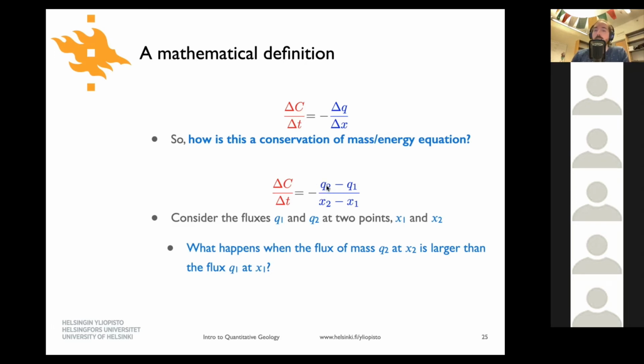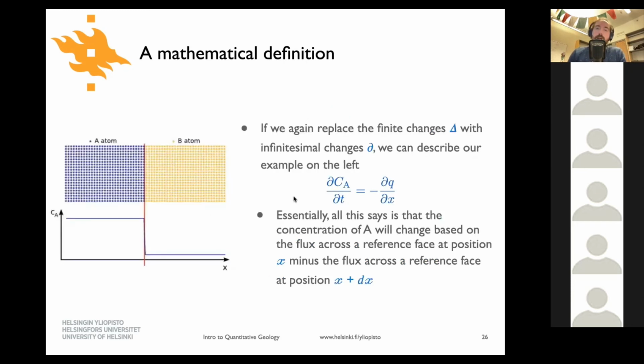Same thing is true if Q2 is smaller than Q1, that our concentration will be going up with time. And that's basically how this becomes a conservation of mass: these two flux terms will determine what happens in terms of the change of the concentration of atoms of A or atoms of B, or of thermal energy, or of any other number of things, some isotope, whatever you want. So that's basically how that's working.